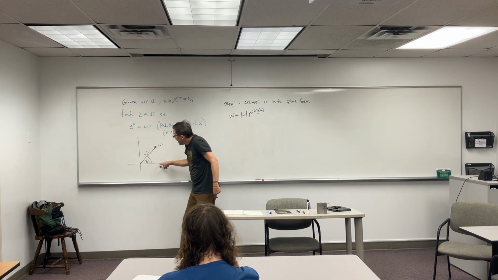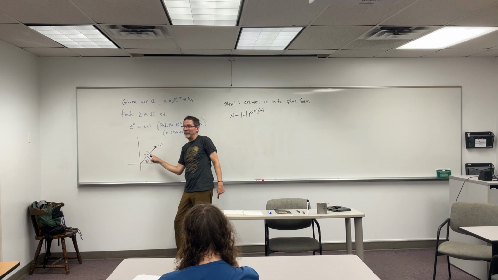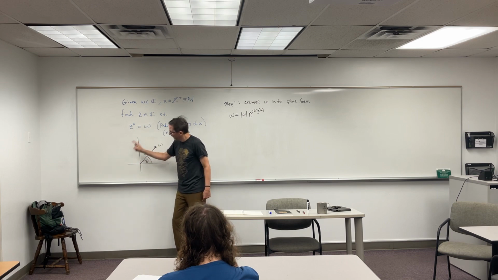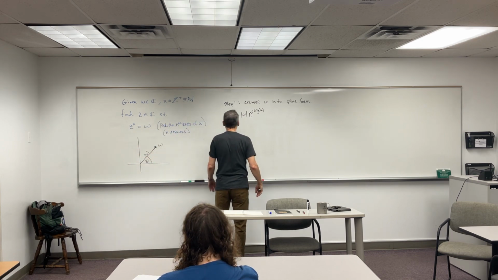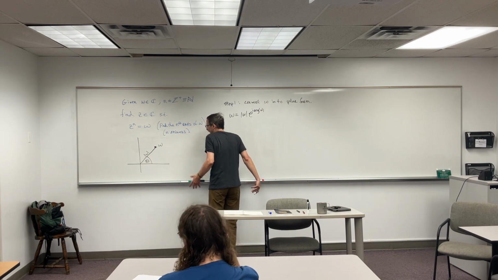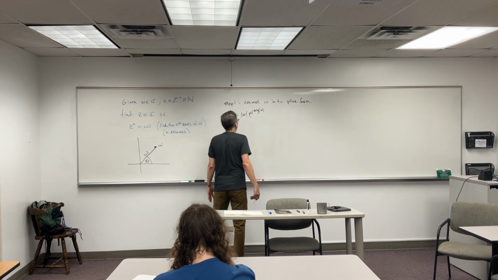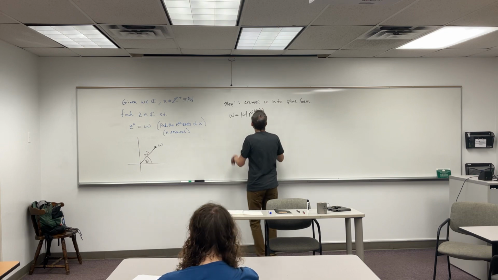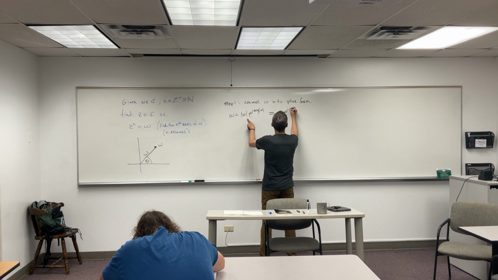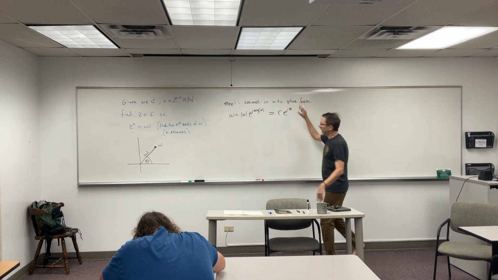I could use -7 pi over 4 if I was feeling saucy. I could add 2 pi, or subtract 2 pi, whatever you want. Nobody's got that much energy. By the time you're into these exercises, you're not going to be getting fancy with the angles, but you could. So for the sake of notation, let's just write r e to the i theta.